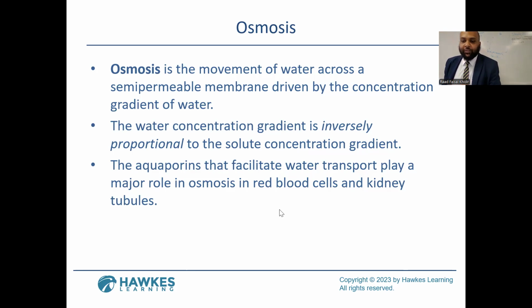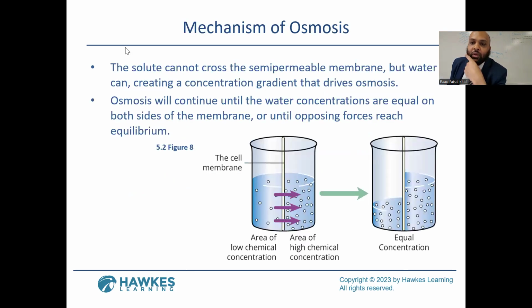The aquaporins facilitate water transport. They play a major role in osmosis in the red blood cells and kidney tubules. So the mechanism of osmosis is the solute cannot cross the semi-permeable membrane, but the water can, creating a concentration gradient that drives osmosis.